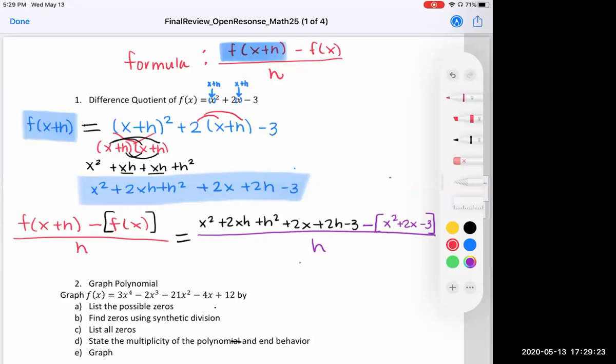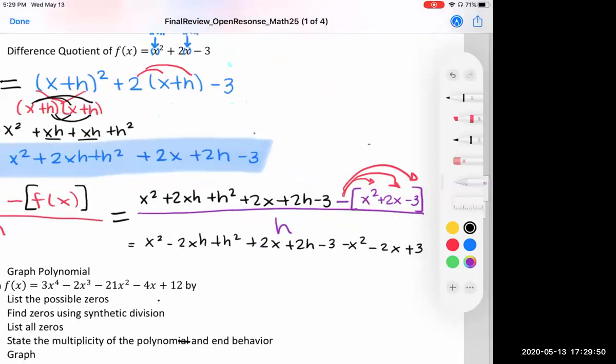Okay, we have to distribute that negative, and that's going to cause things to cancel out, and it's going to work for our benefit. So now we have x squared plus 2xh plus h squared plus 2x plus 2h minus 3 minus x squared minus 2x plus 3.